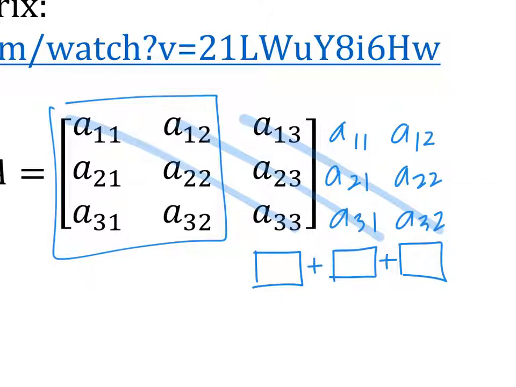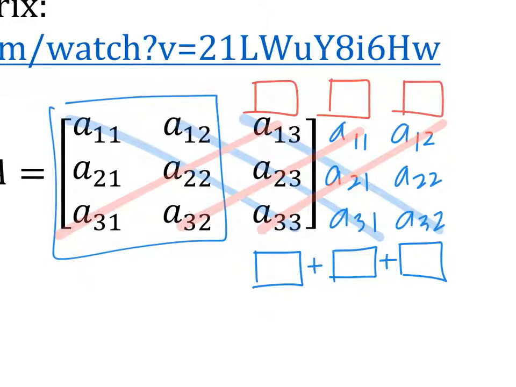Next, you find the other diagonals. This time you go from the bottom left to the top right. You also multiply the numbers together and write it on the top. So first top left to bottom right, and then bottom left to top right, and you add those together as well.